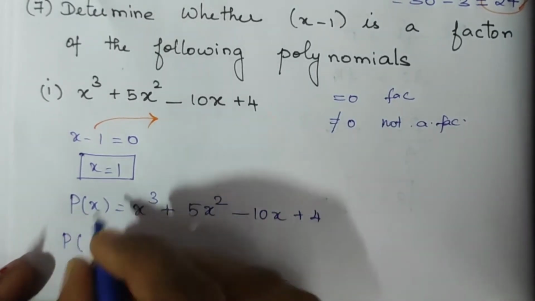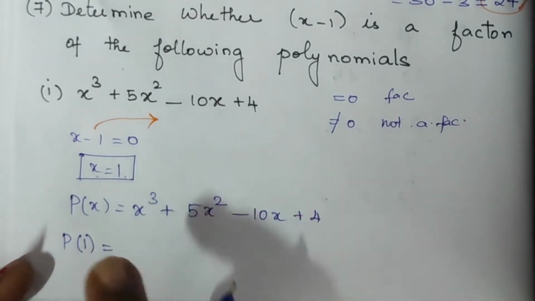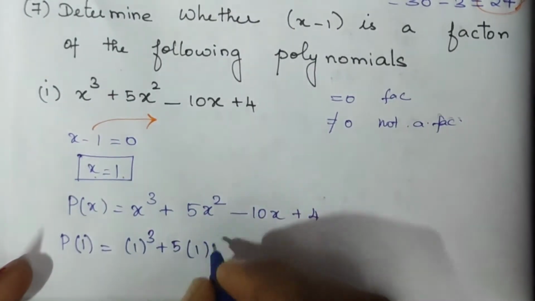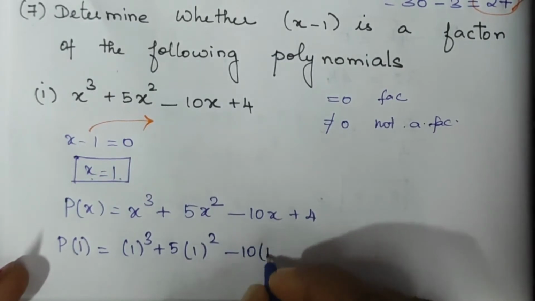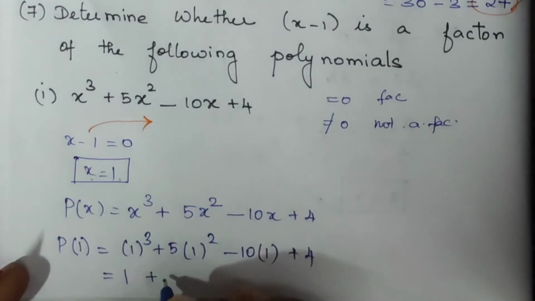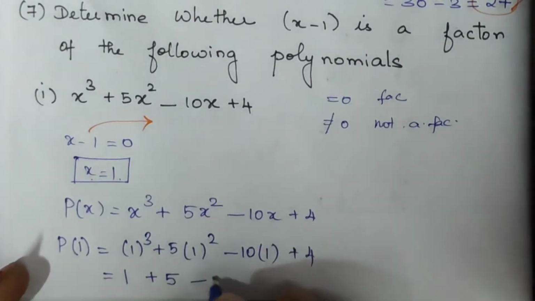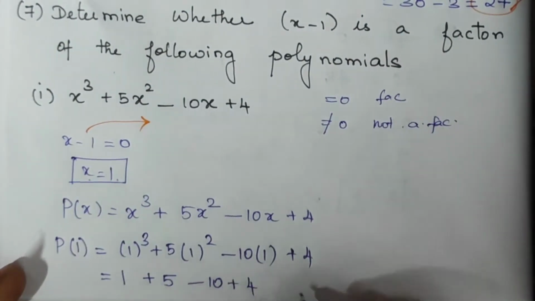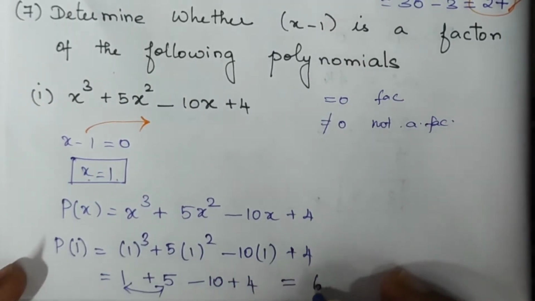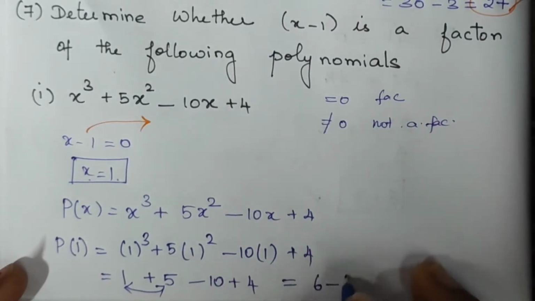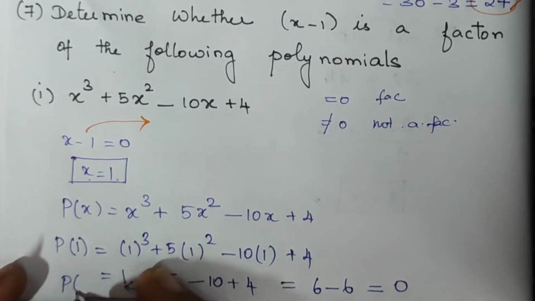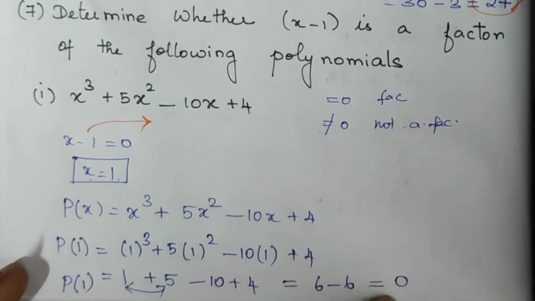Substituting x equal to 1: 1 cube plus 5 into 1 square minus 10 into 1 plus 4. 1 cube is 1, 1 square is also 1, 1 into 5 is 5, so 1 plus 5 is 6, minus 10 plus 4 is minus 6, and 6 minus 6 is equal to 0. So I'm getting p of 1 is equal to 0.